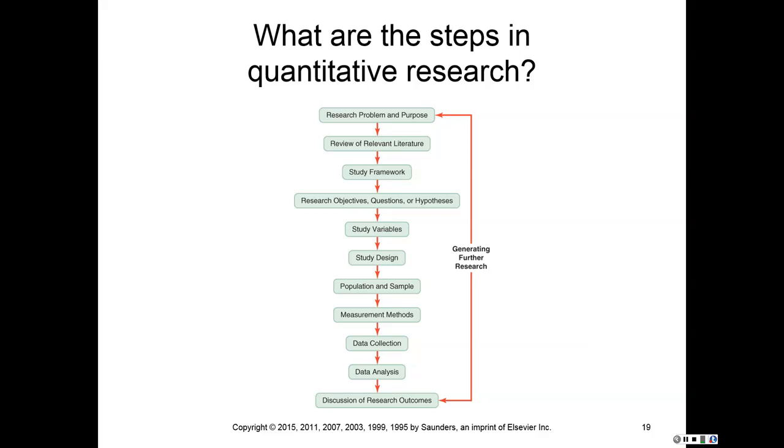This slide, what are the steps in the quantitative research, is figure 2-1 in your textbook. They have a flow chart here for the research process involving a quantitative approach. So in order to conduct a quantitative study, you have to, first of all, have an idea or conceptualize your research study.